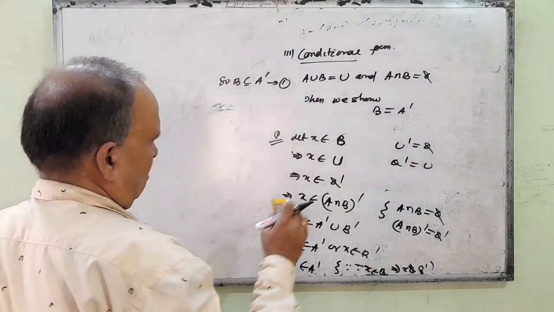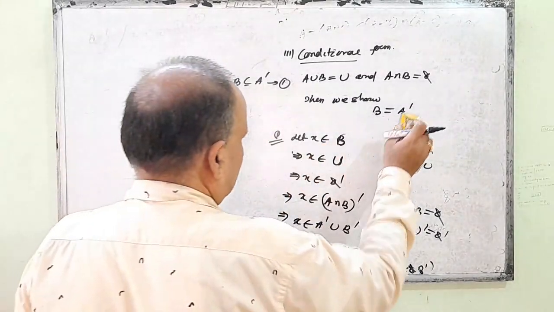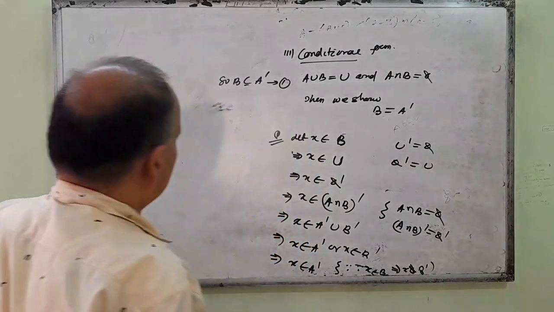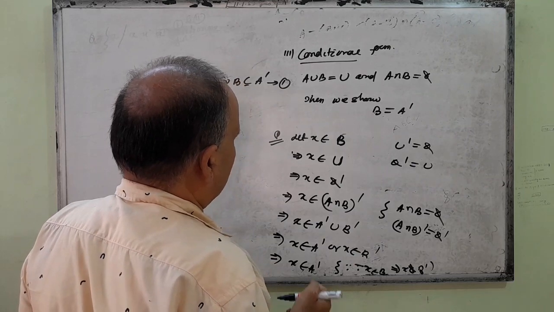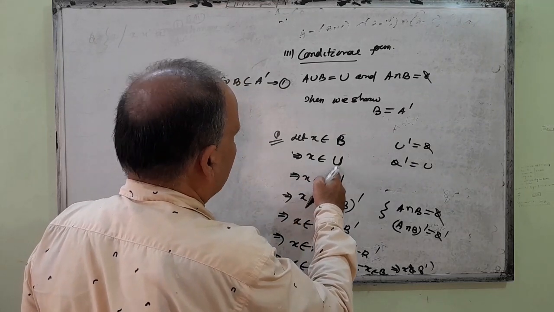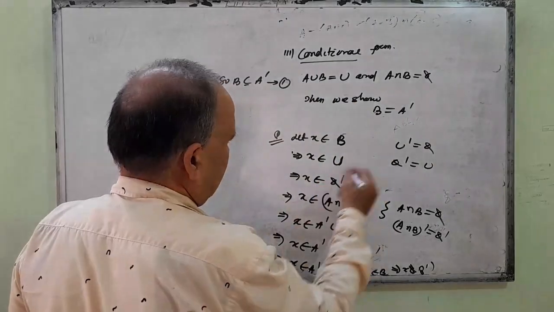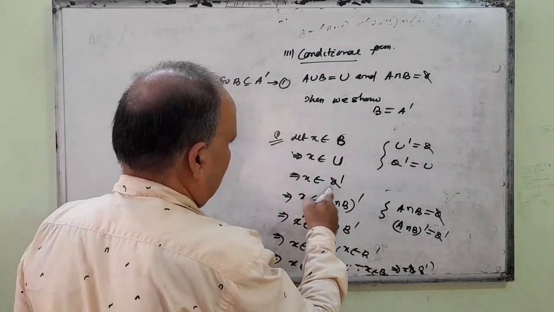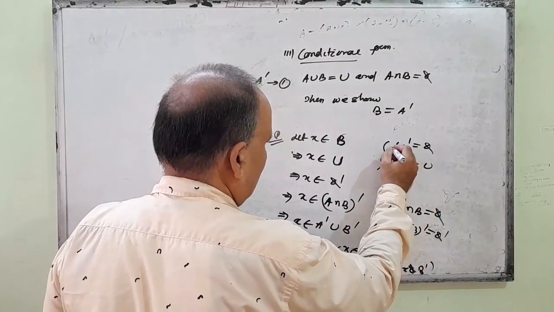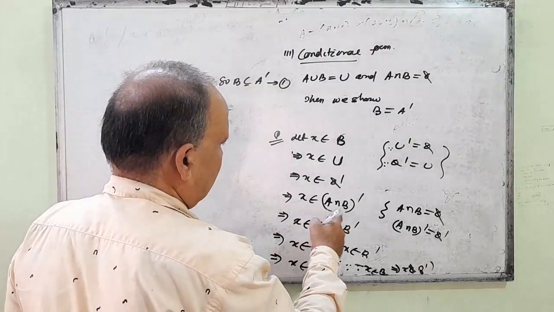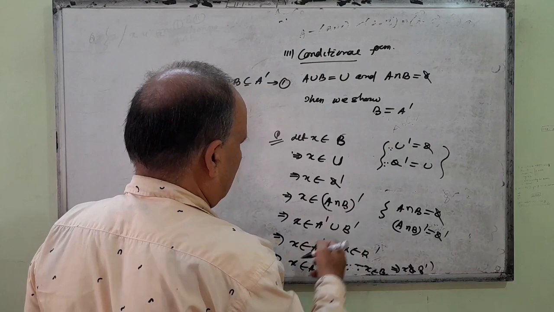For this we have to show B is a subset of A dash and A dash is a subset of B. Let x belong to B. This implies x belongs to U, because A union B is equal to U. This implies x belongs to phi dash, since U dash is equal to phi and phi dash is equal to U. A intersection B is equal to phi means (A intersection B) complement.